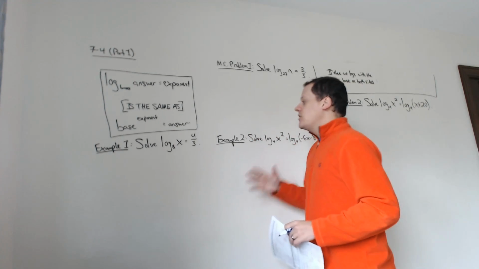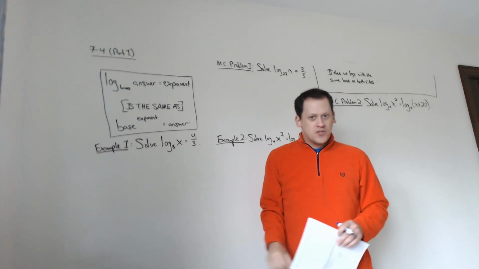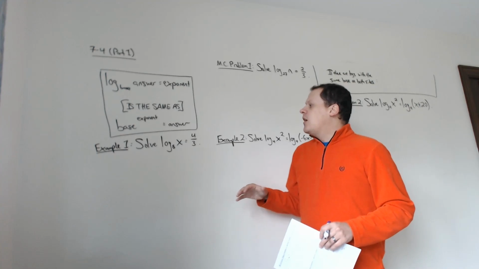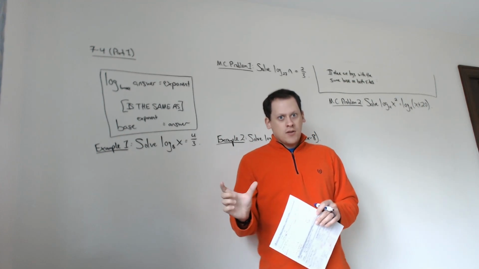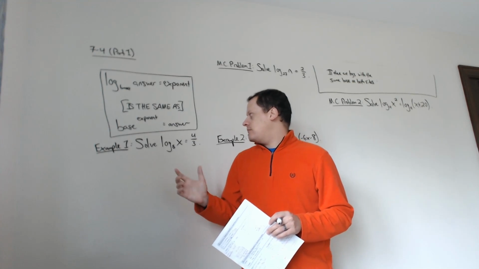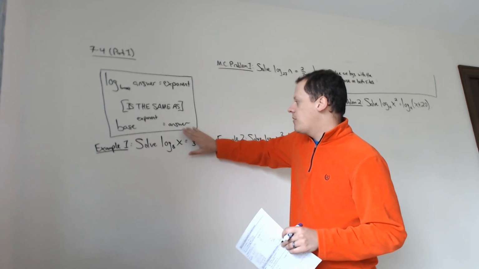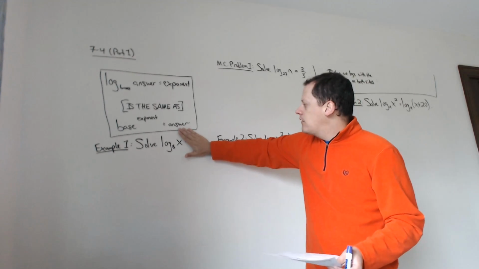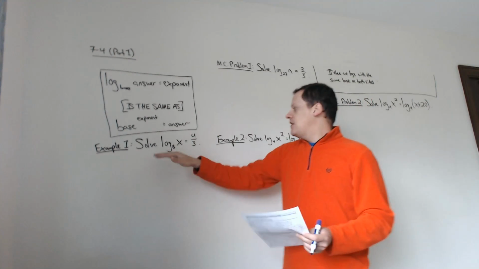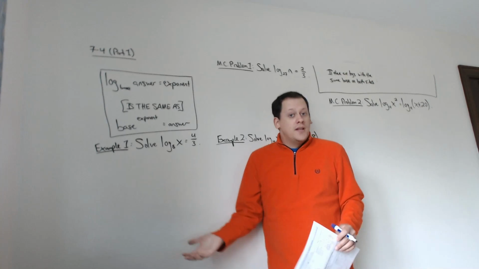Okay. So let's go ahead and start off with our first example here. In the last section we were dealing with evaluating logarithms, like something like log base 8 of 64 or something like that. All we're doing here is making it an equation with an equal sign.